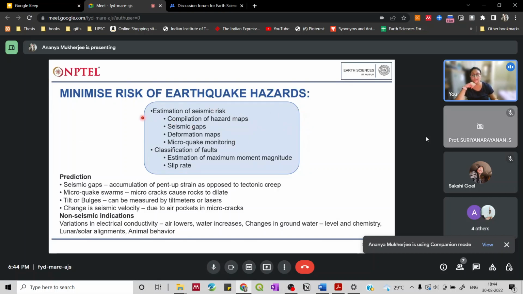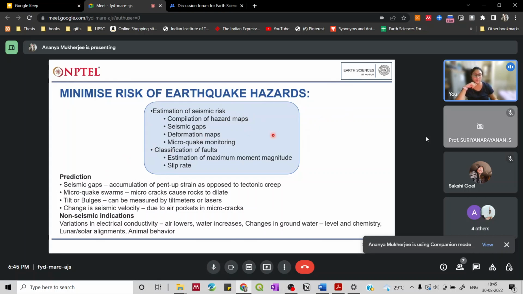So you first estimate the seismic risk associated with that area. So you have a compilation of hazard maps, like the seismic hazard map that we have for India, that has been categorized. Then seismic gaps. Seismic gaps means the gaps between two seismic events that have been recorded and had taken place.